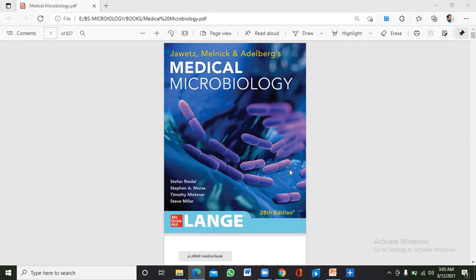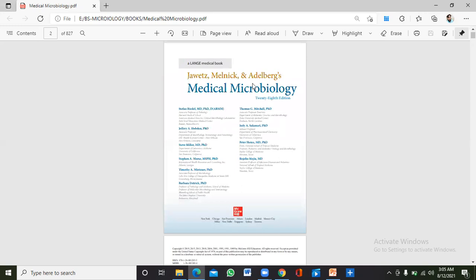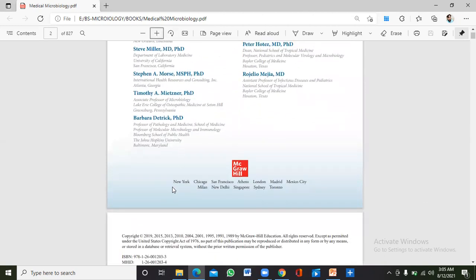So you can identify this book, and I want to tell you that this is very important information that I'm sharing. Just look here. Here are the names of some cities: New York, Chicago, San Francisco, Mexico City, up to Toronto. This book can only be purchased in these countries.